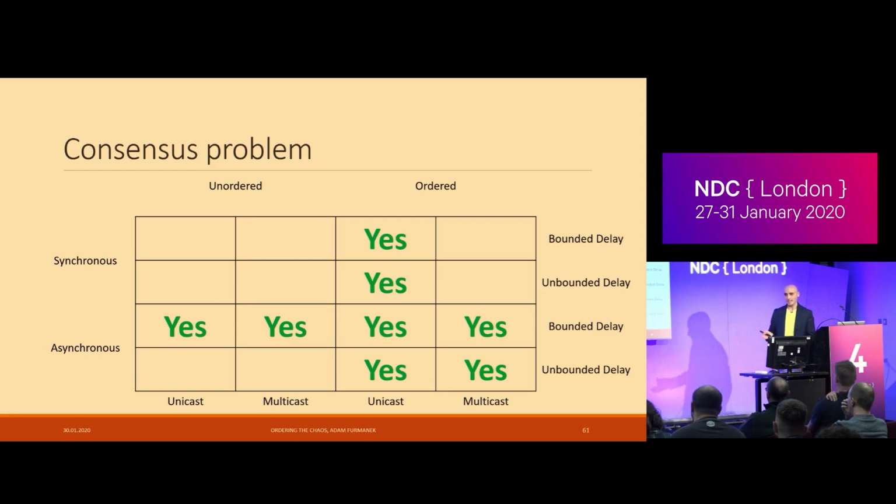If one machine dies, we are not able to achieve the consensus. And it's proven that only in these situations marked in green is it possible to get the consensus, to agree on something.